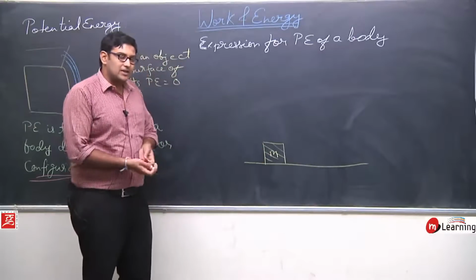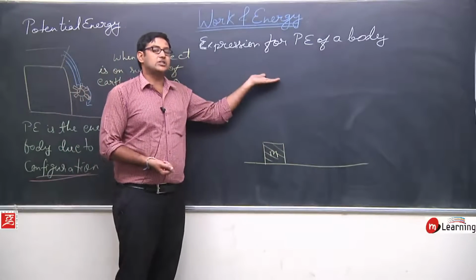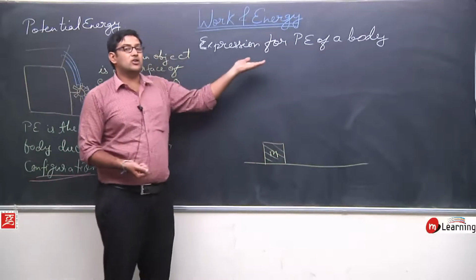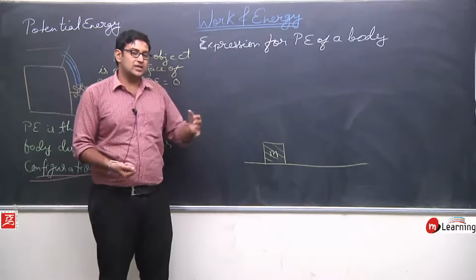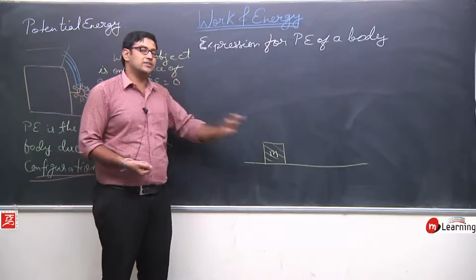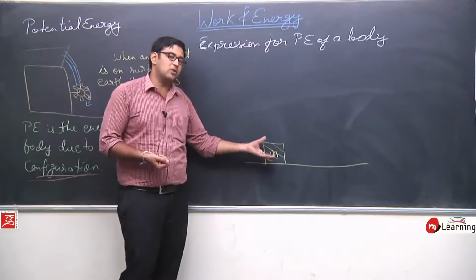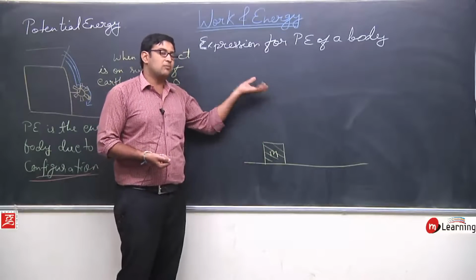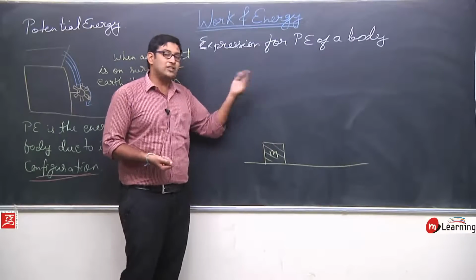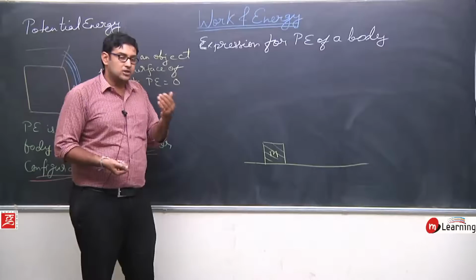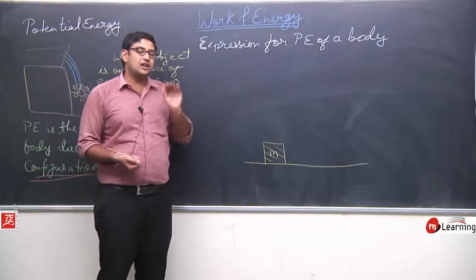Now what will happen if I lift this block to a height h with a constant velocity? Okay, it means I will not apply too much force, I will apply only that much force which cancels the gravitational force. That is, I move this block with a constant velocity to some point. Now to move this block with a constant velocity, the force that I have to apply will only be equal to the gravitational force.